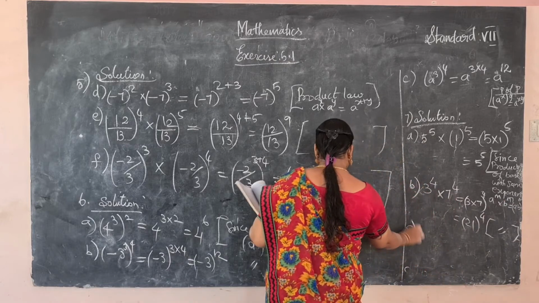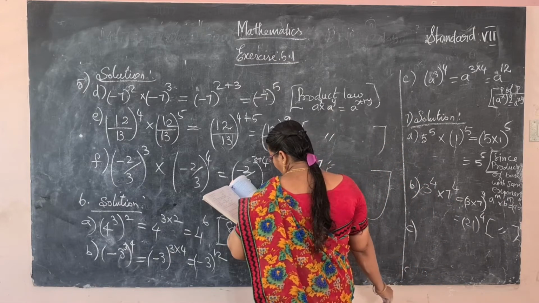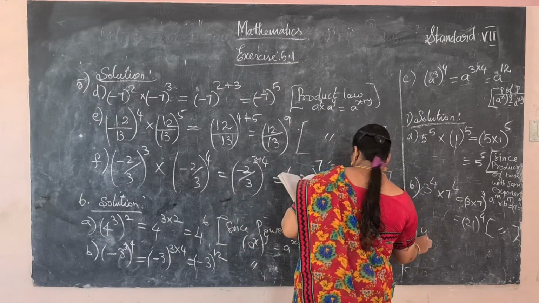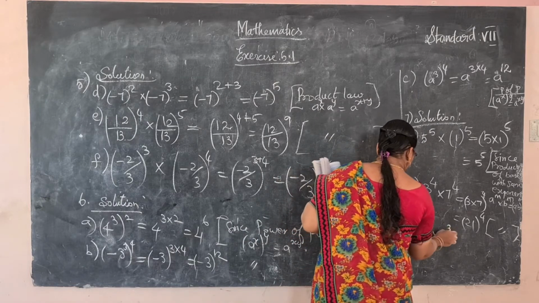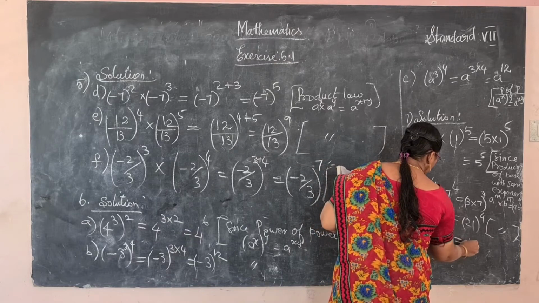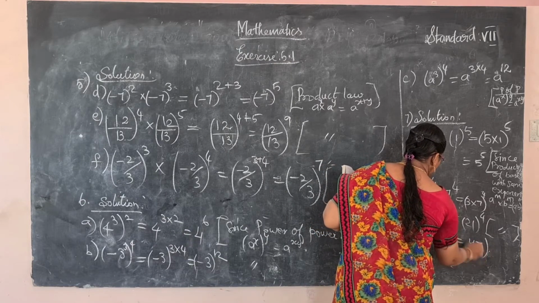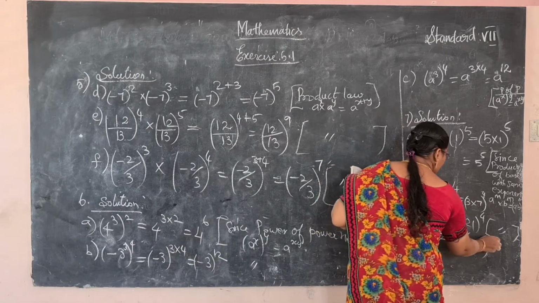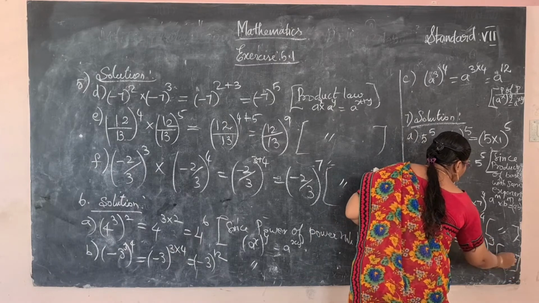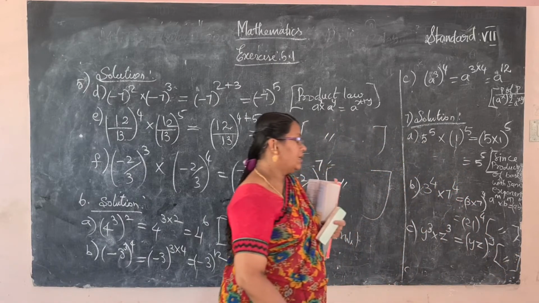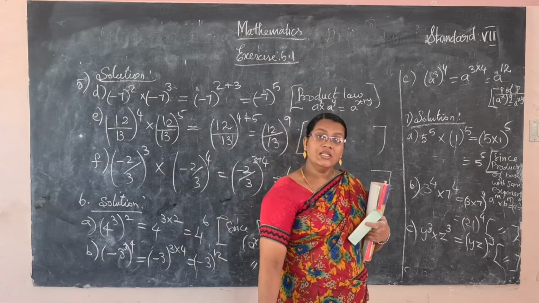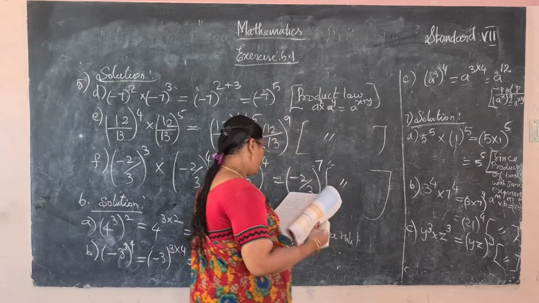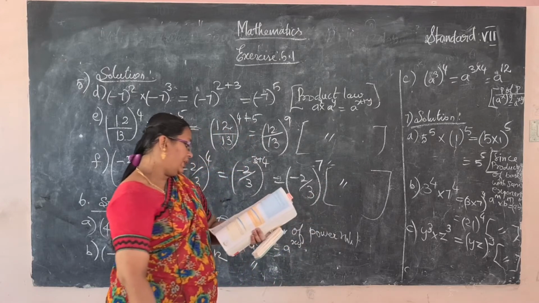And c problem. y power 3 into z power 3. So multiply the bases, yz the base, exponent is 3. Product of their bases with the same exponent. The remaining problems are homework.